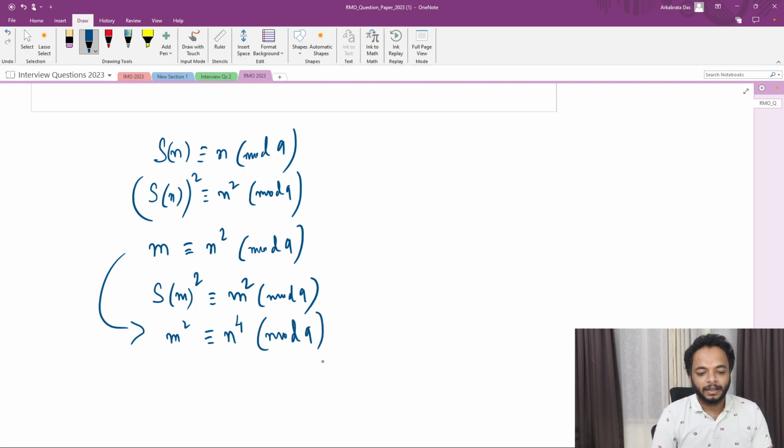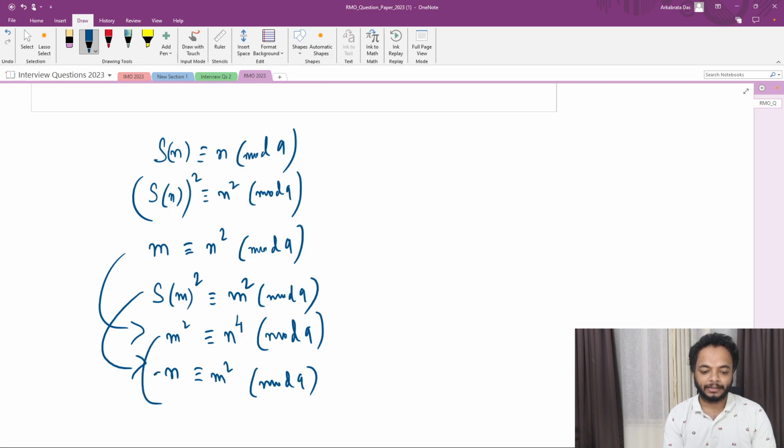And again, Sm square, which is n, is congruent to m square modulo 9. Finally, if we take the help of both of these, that would imply that n to the power 4 minus n is congruent to 0 modulo 9.